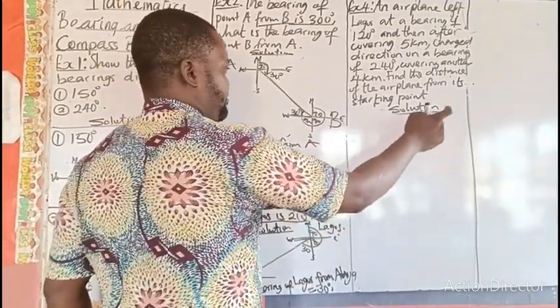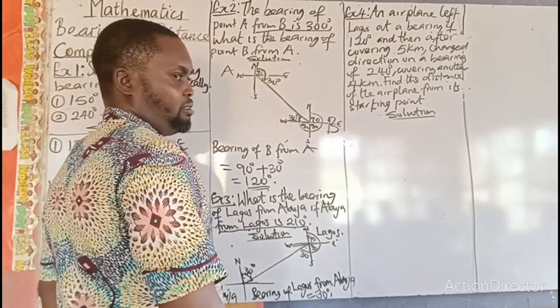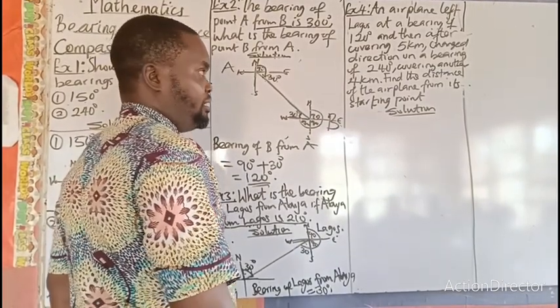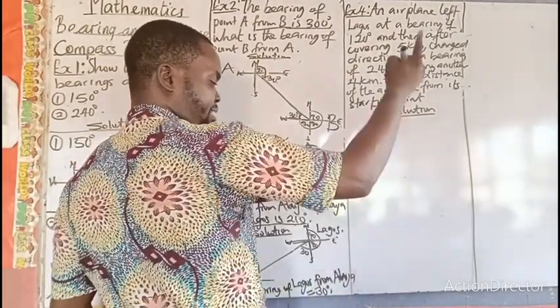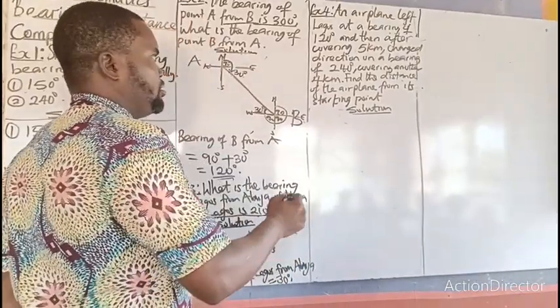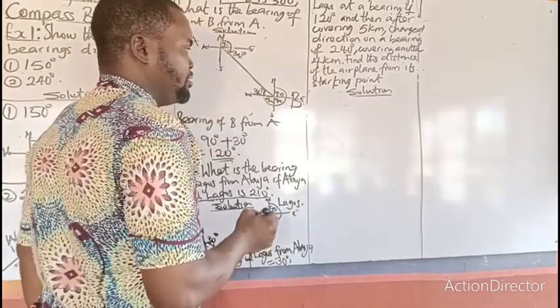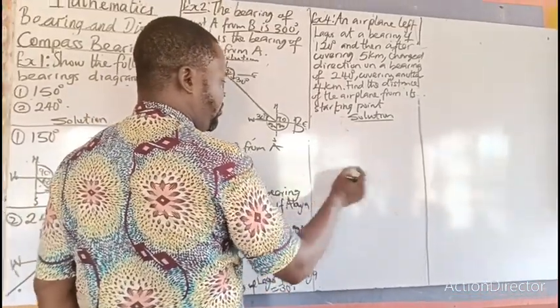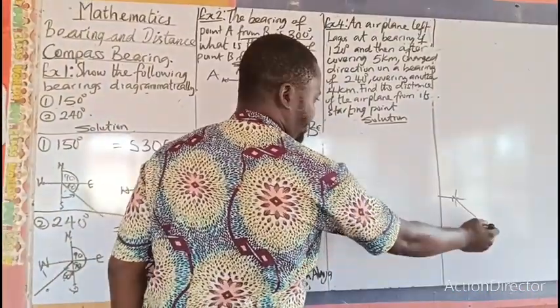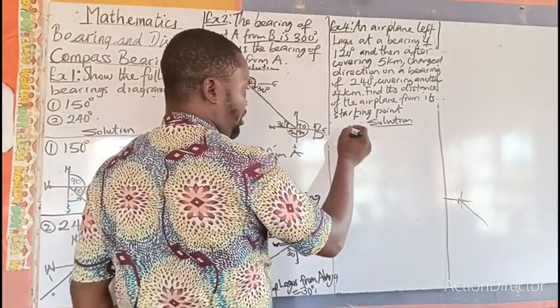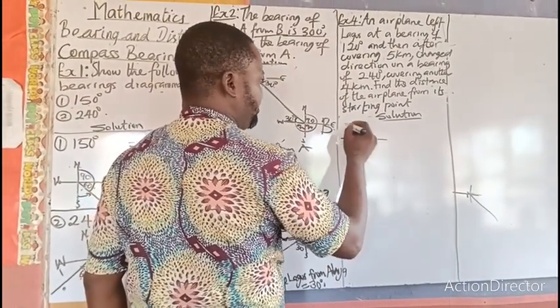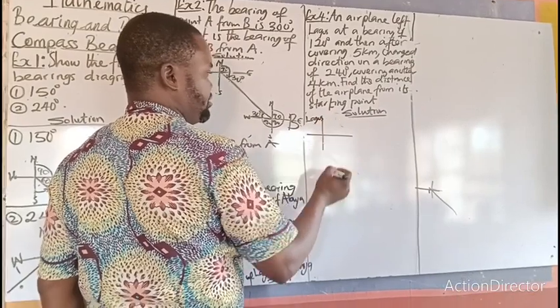Up left, down left, up right, down right? 120 degrees will be somewhere here, right? So we draw our 120 degrees representing Lagos.